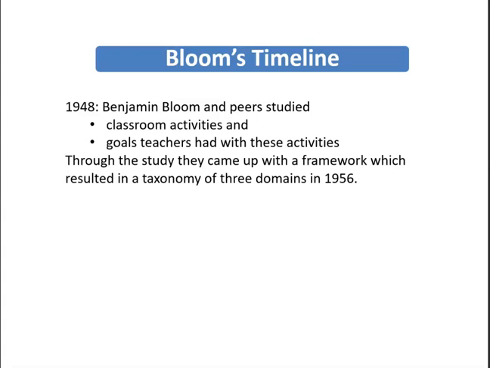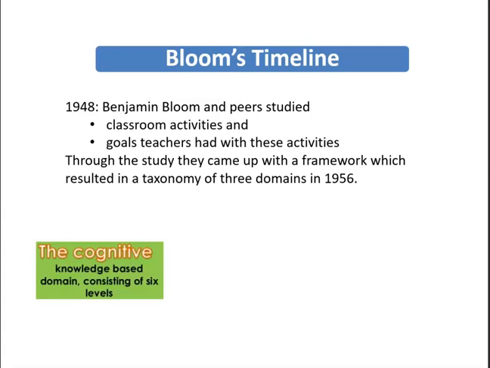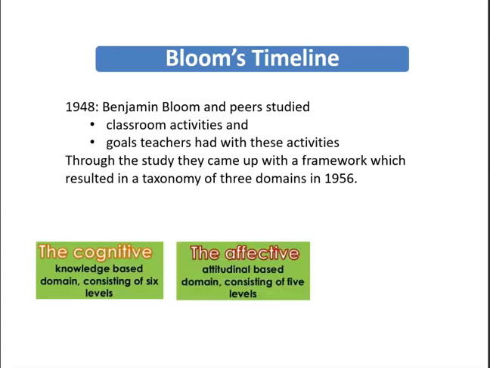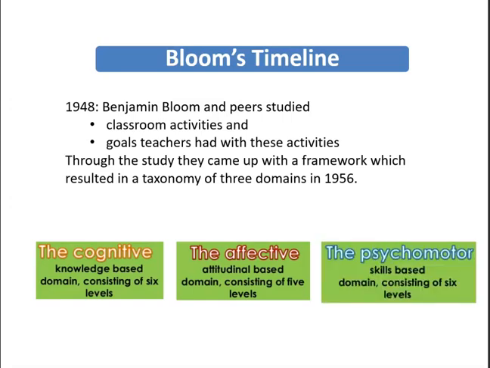They studied classroom activities and the goals teachers had with the activities, and they came up with a framework that resulted in three domains: the cognitive domain that deals with knowledge and has six levels, the affective domain that is more attitudinal and consists of five levels, and the psychomotor domain that is more on skills.